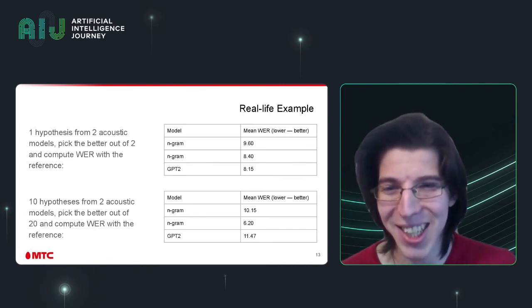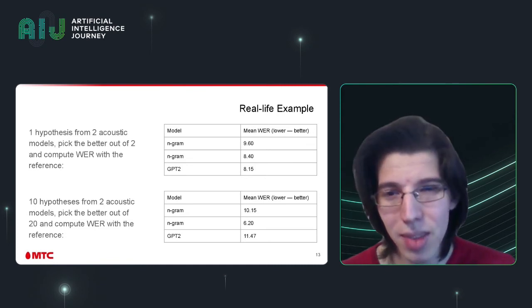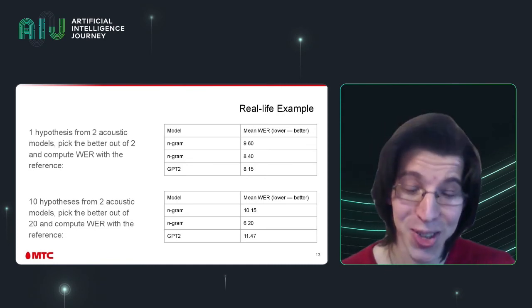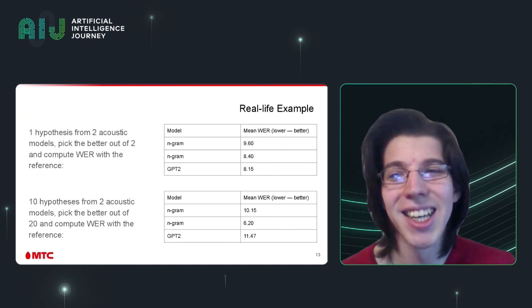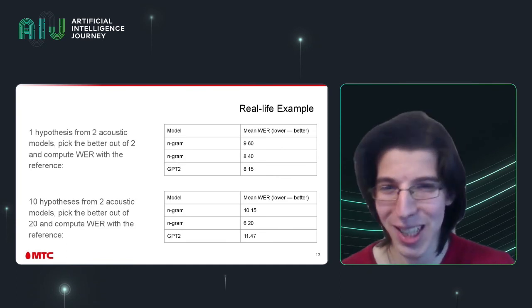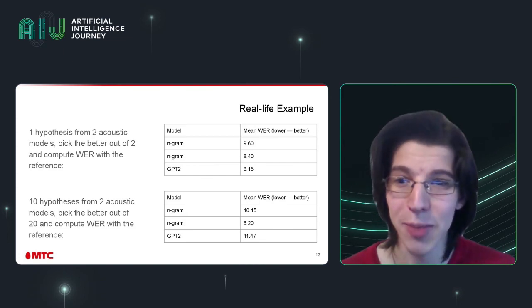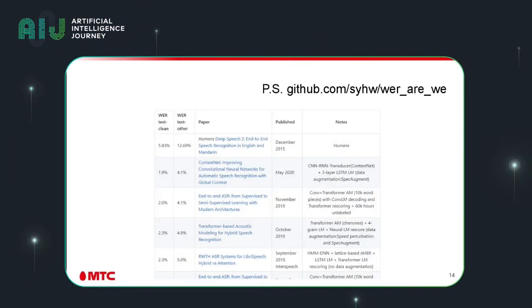And GPT is not very good here. An n-gram model became even better than before. But I should say that this is old figures. Now we have new cases. I haven't yet processed them, but it should look better.